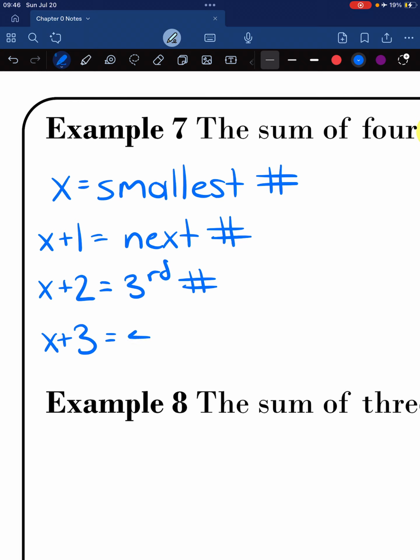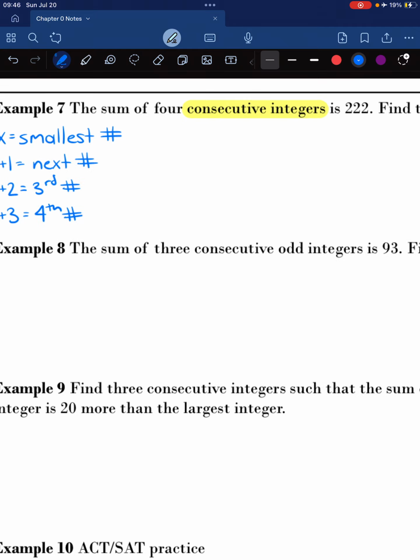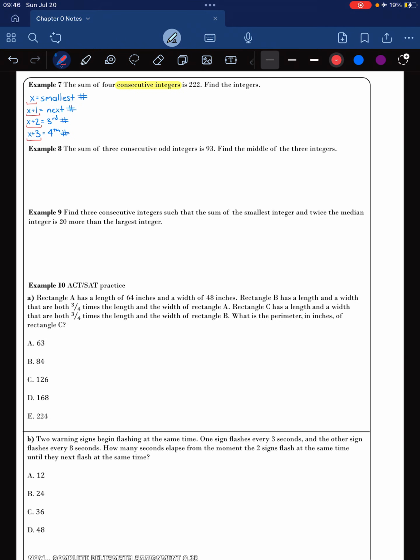For the most part, if it's just consecutive integers, it's always going to be this. You just do as many numbers as the problem describes. So for consecutive integers, I have the 4 representations of my number: number 1, number 2, number 3, and number 4 in the list. It says the sum, which means I'm adding those all together, is 222.